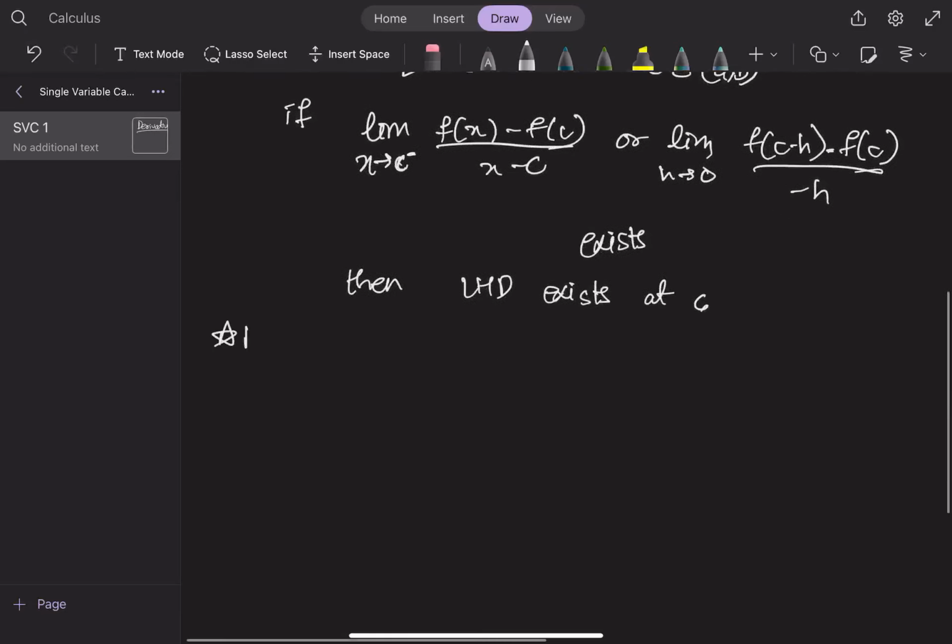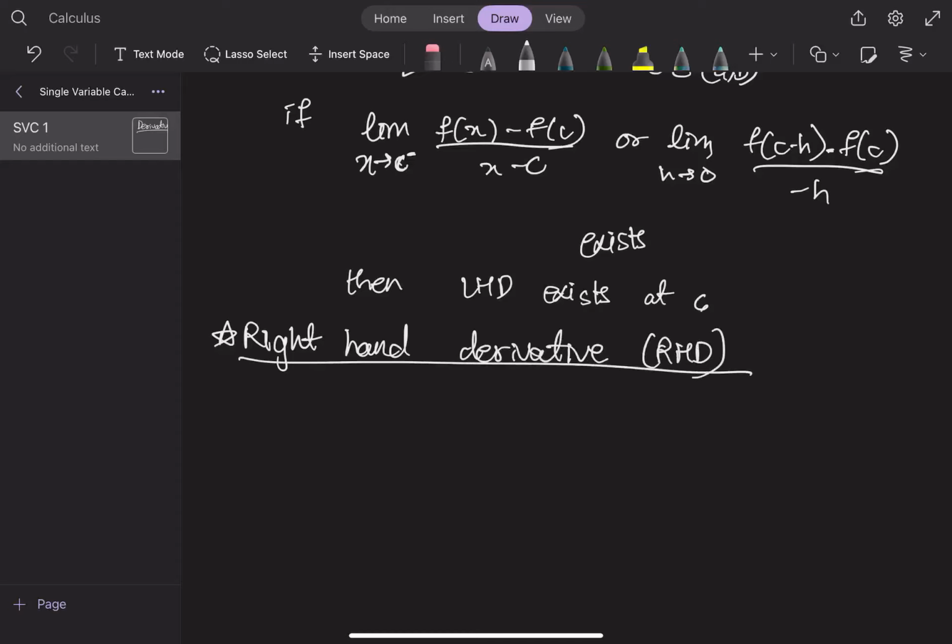Similarly, your right hand derivative, or RHD, for the same function f from a to b, which is a real function where c lies between a and b.